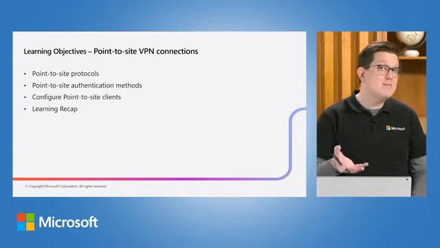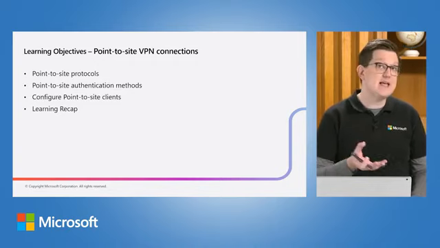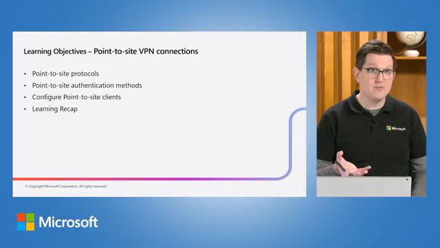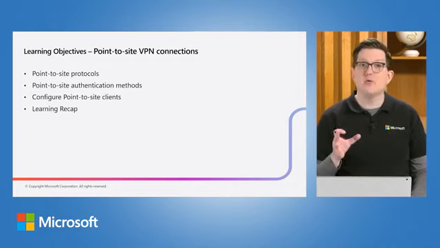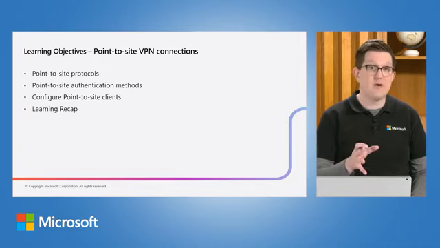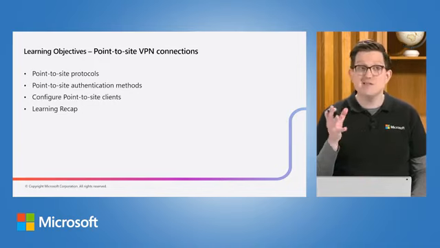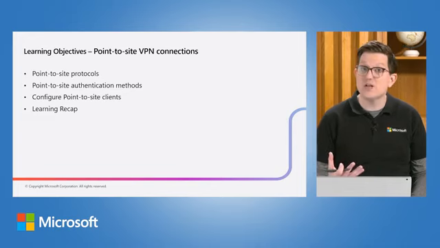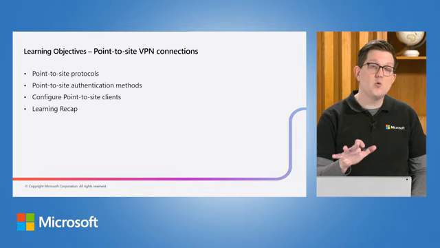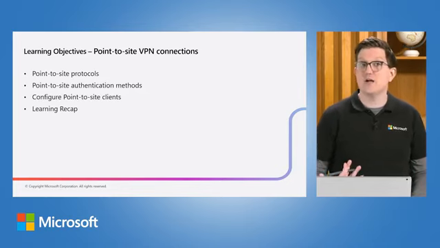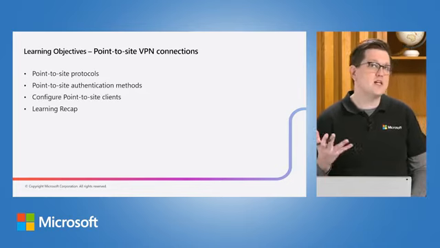For example, we'll need a VPN gateway already provisioned in a gateway subnet, ready to go. But once we have that in place, it's all just a matter of pointing in the right spot, giving people the right credential mechanism, and ensuring that everything works with the clients that we support. So let's dive in and take a quick look at how point-to-site VPNs work at a high level, and then talk through some of the specifics.